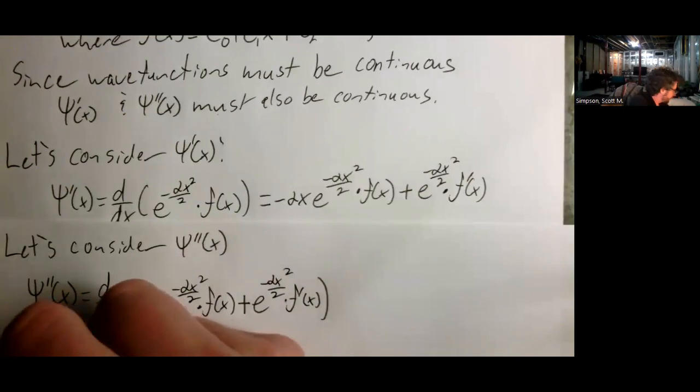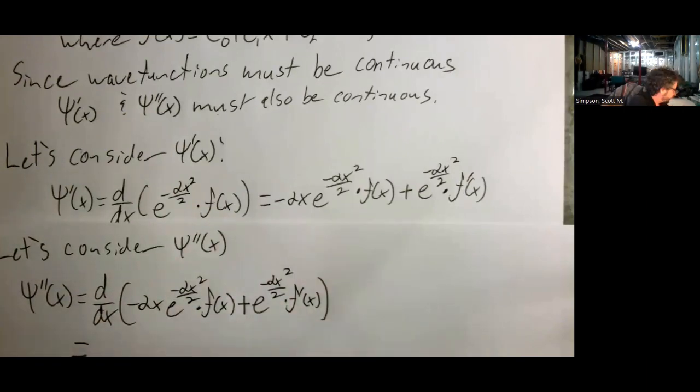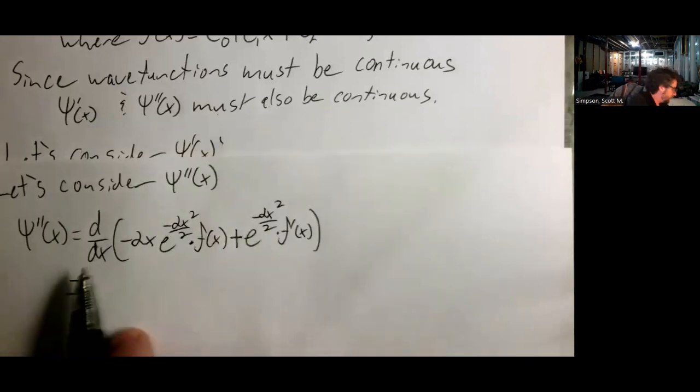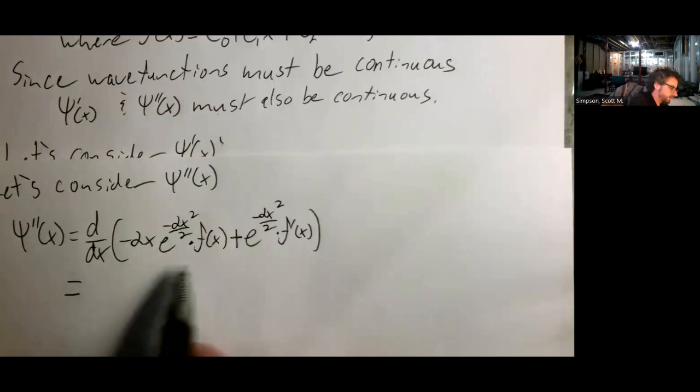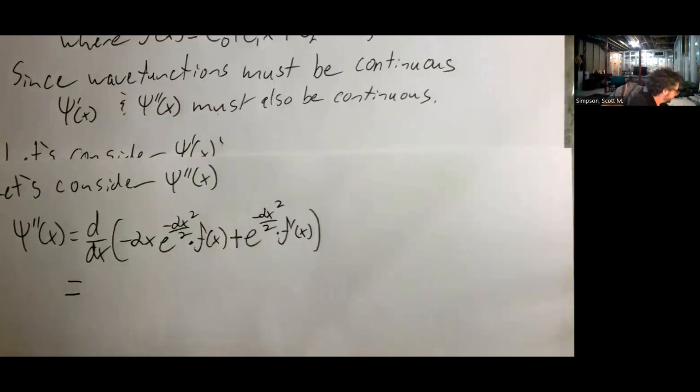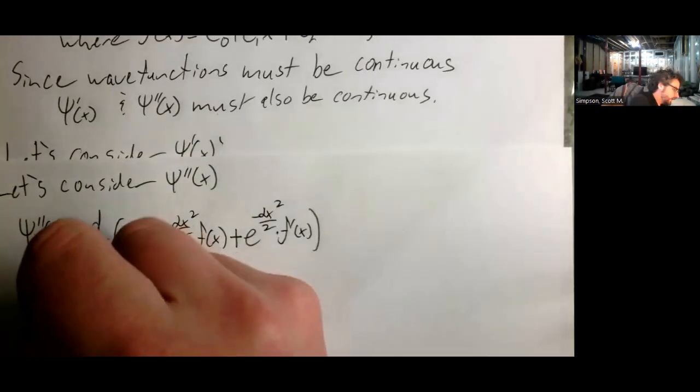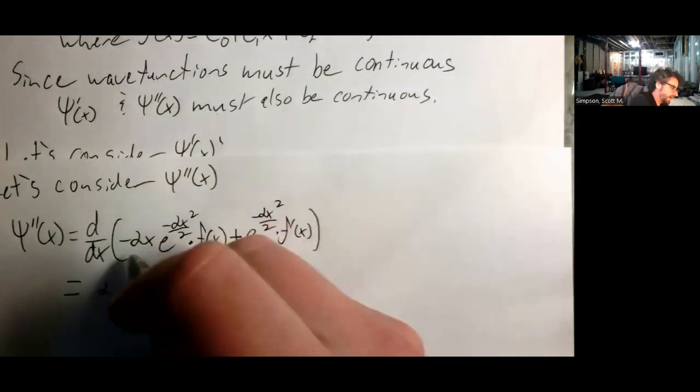Okay, so let's do this. So we got to take the derivative of the first function times the second. And then we'll take, so of this first term, and then we'll start applying it to the second one. Okay, so let's take a derivative of this guy then. Let's see what we get. In that case, we should get, we're going to pull out a negative alpha again.